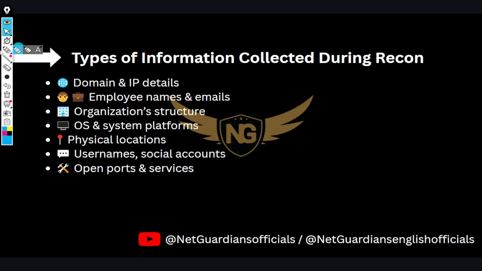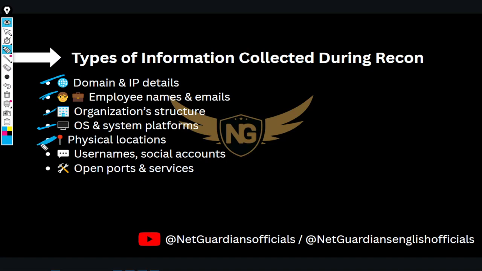Now, the types of information collection during recon, meaning reconnaissance or footprinting, or information gathering in simple terms. The information which we collect is the domain and IP details, employee names and email IDs, organization structure and how the organization works, the higher hierarchy, and OS and platforms, meaning which operating system the organization is actually using.